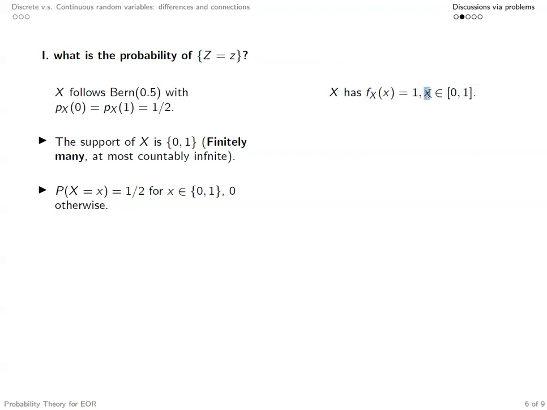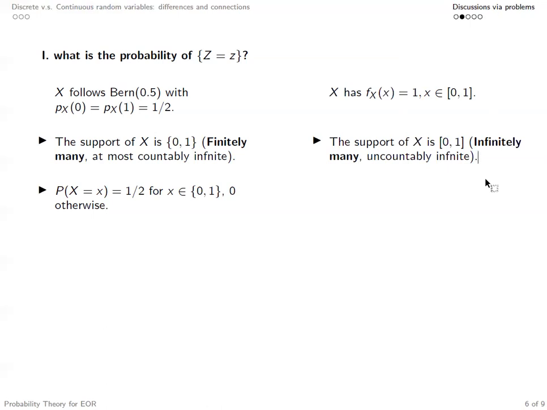And for any x outside this interval, the density is equal to 0. The support of X now is the whole interval from 0 to 1. So there are uncountably many possible values that could be taken by this continuous random variable X.